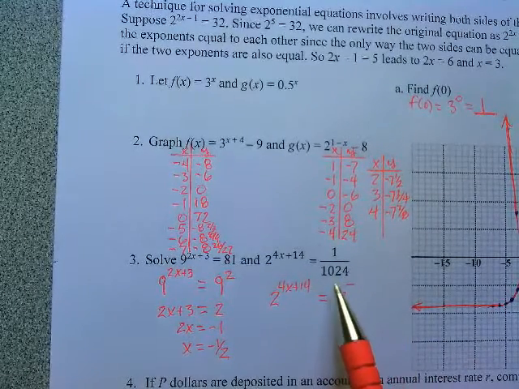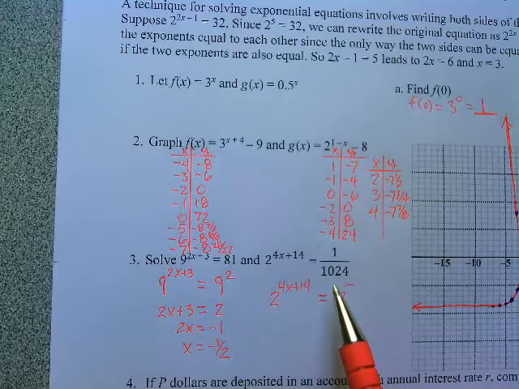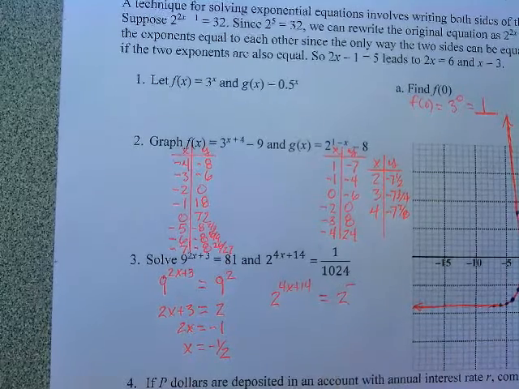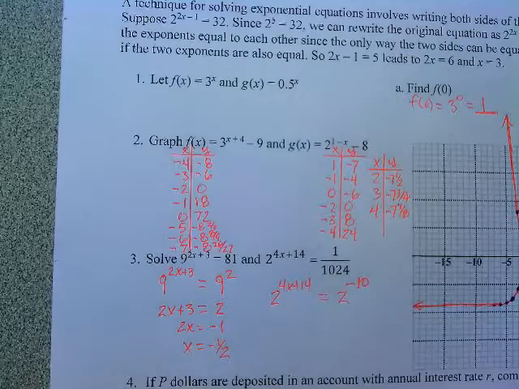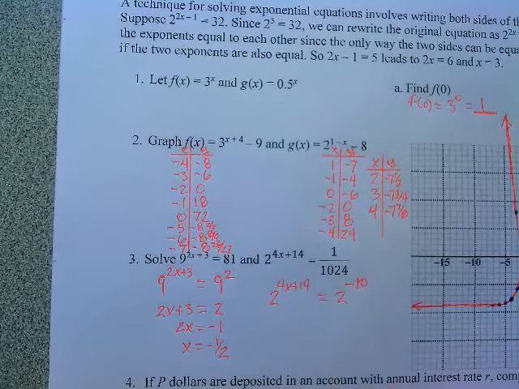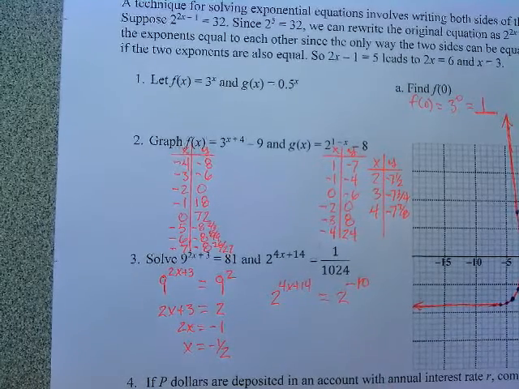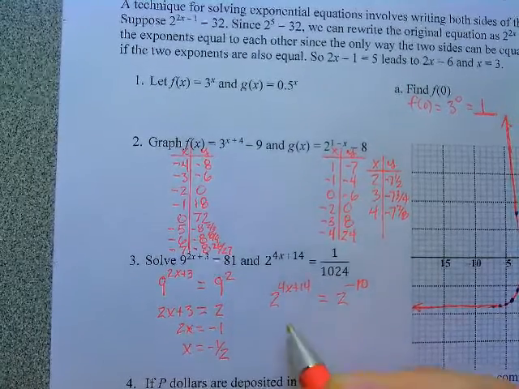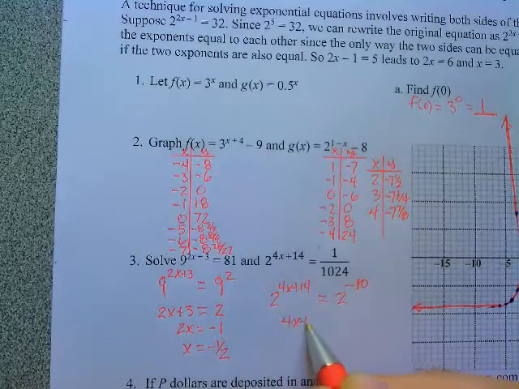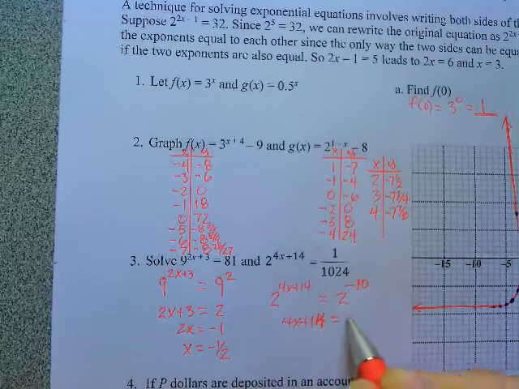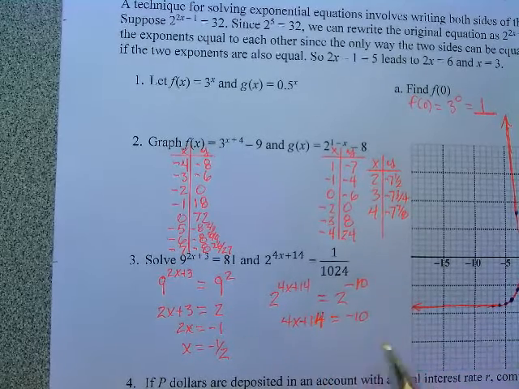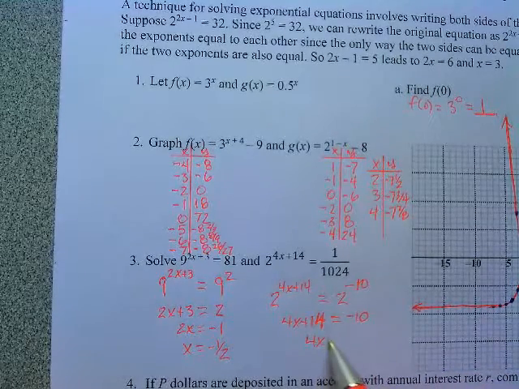And then, if you don't know, you can simply play with the calculator a little bit to find out that, in fact, 1024 is 2 to the 10th. And so 1 over 1024 is 2 to the negative 10. And so, like the previous problem, I can go ahead and set these equal to each other. Move the 14.